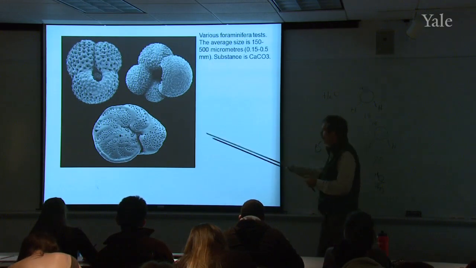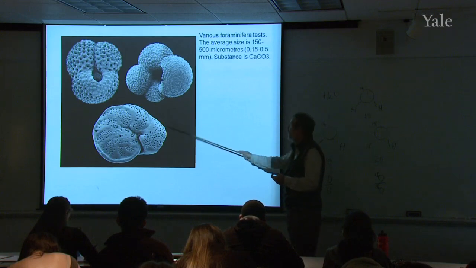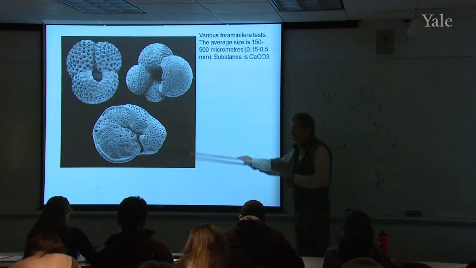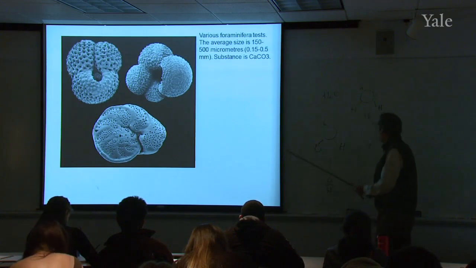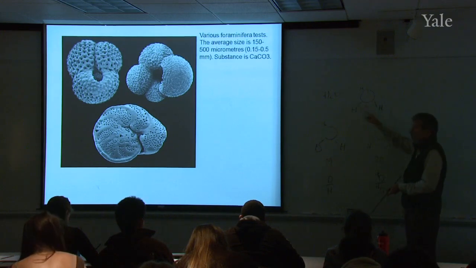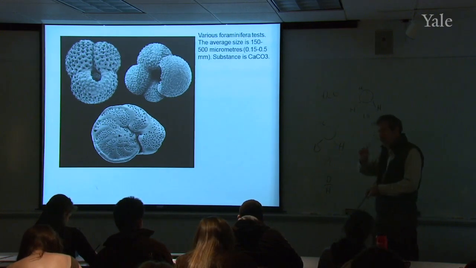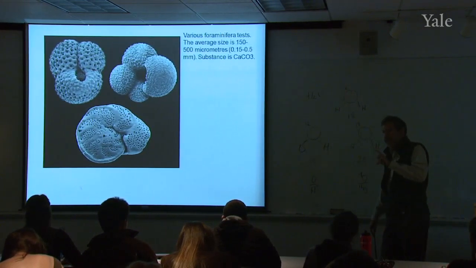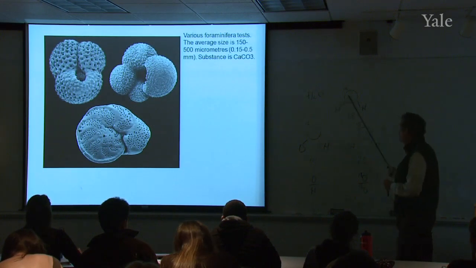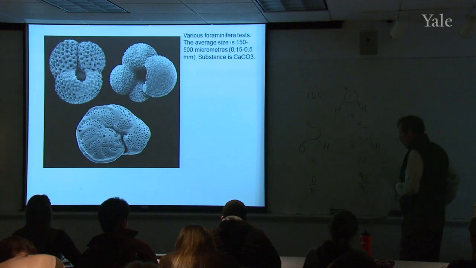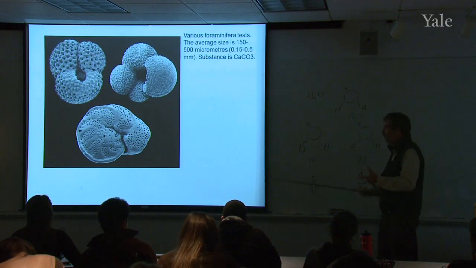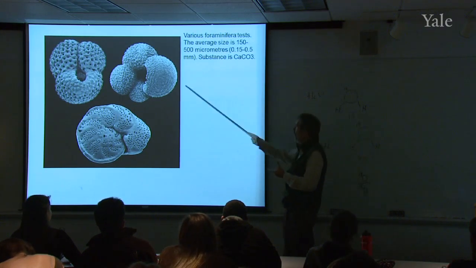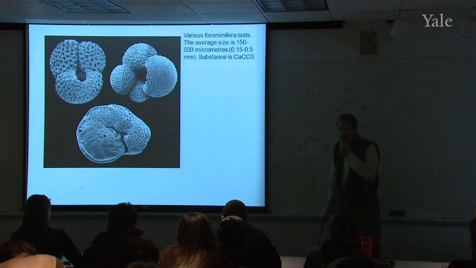And when the organism makes its shell, it gets its oxygen from the oxygen in water. So stored in this calcium carbonate is a record of the isotope ratio of oxygen, O18 to O16, in ocean water, because the organism got its oxygen from seawater in order to make that shell.